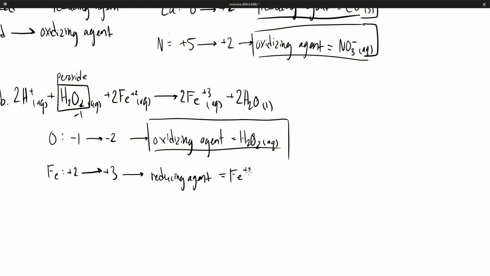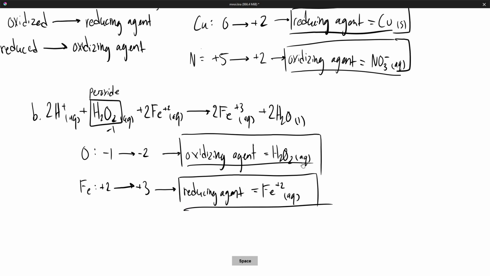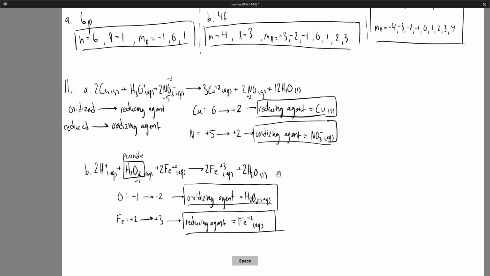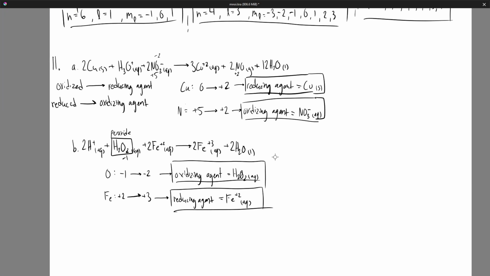So Fe +2, not +3. Oh, sorry. So this is how you find oxidizing and reducing agents. Just look at a change in oxidation number. And that's it. It's that easy.